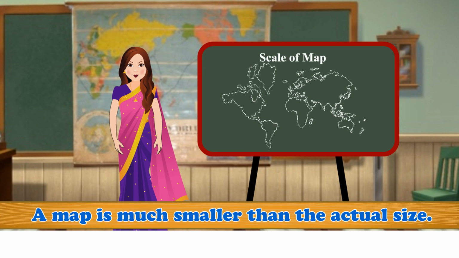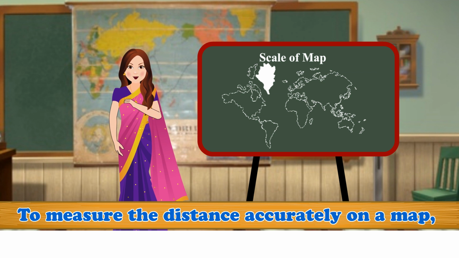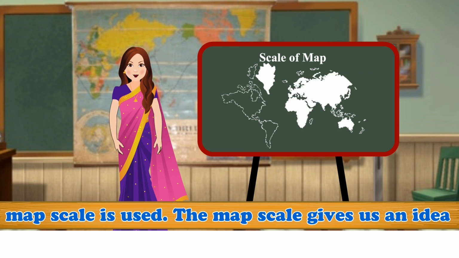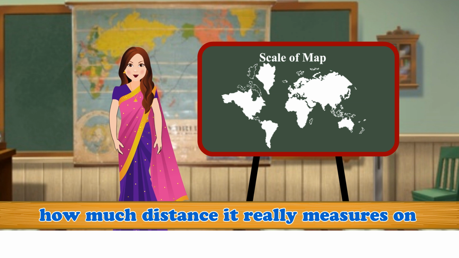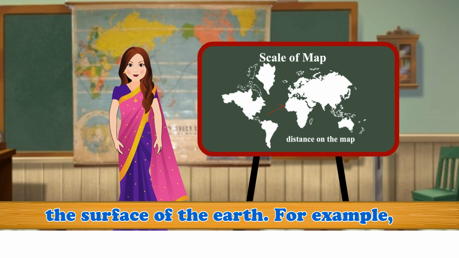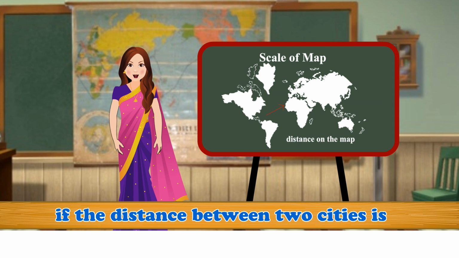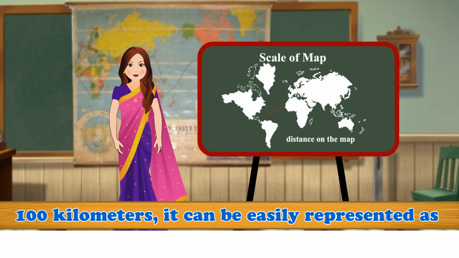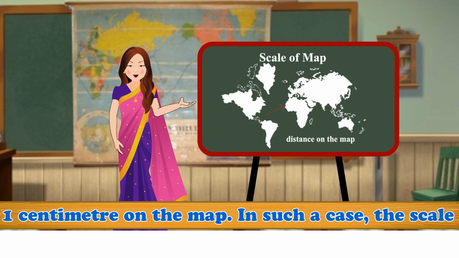Scale of map. A map is much smaller than the actual size. To measure the distance accurately on a map, map scale is used. The map scale gives us an idea how much distance it really measures on the surface of the Earth. For example, if the distance between two cities is 100 kilometers, it can be easily represented as 1 centimeter on the map.